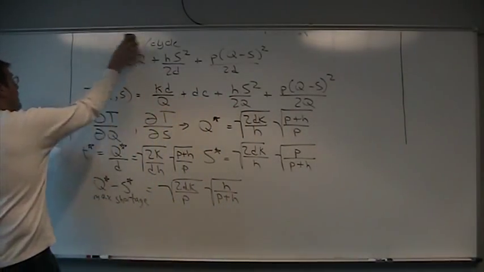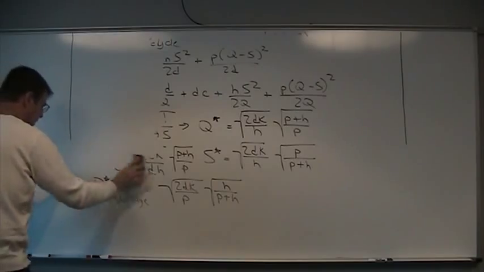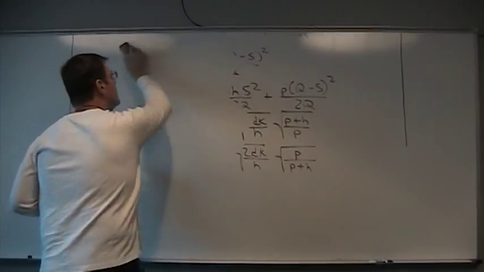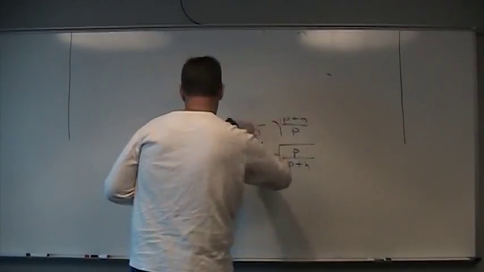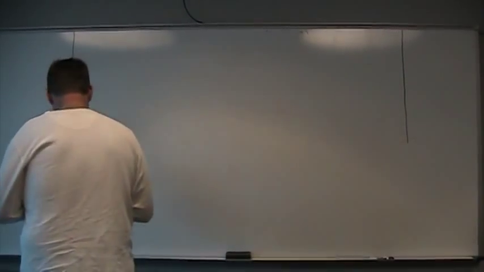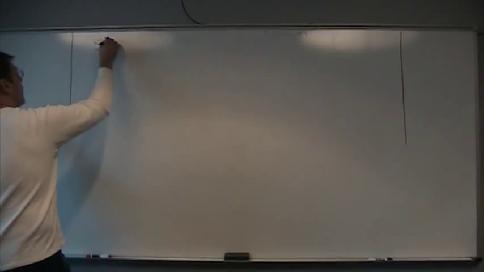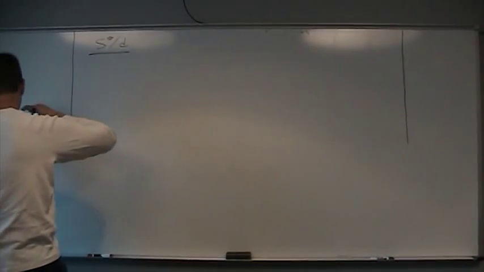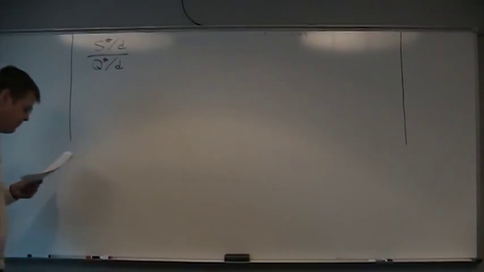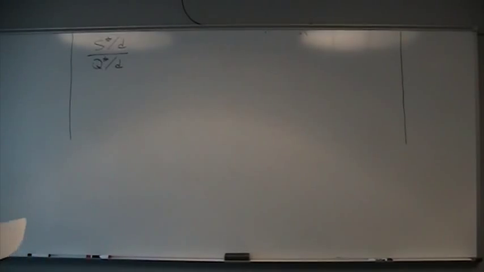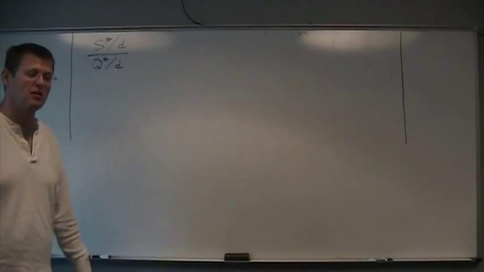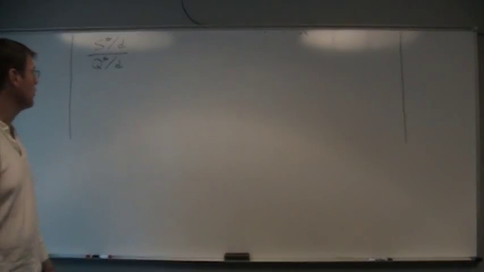Okay. The other term that I said we hadn't put up yet, we need to mention, is the ratio S star divided by D over Q star divided by D. Everybody watching can do this algebra, and everybody in this room can do it too, because at this point I'm the only one in this room.